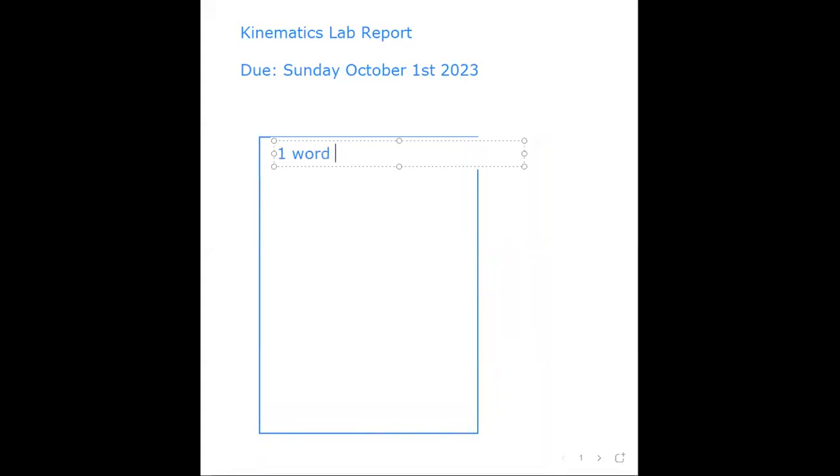One Word document, single spaced, 12 font, this is standard.